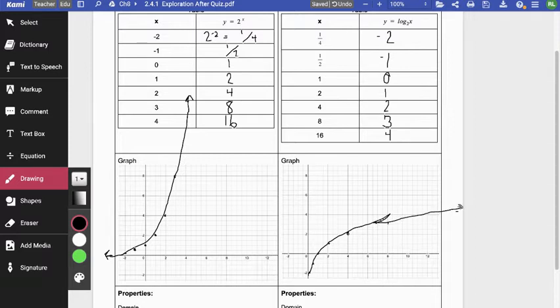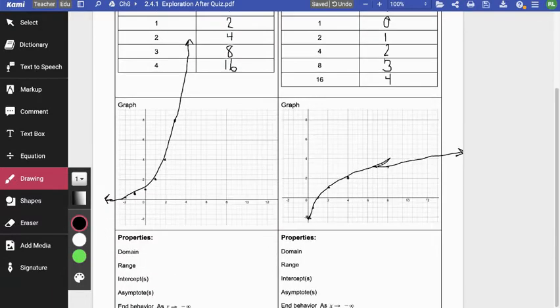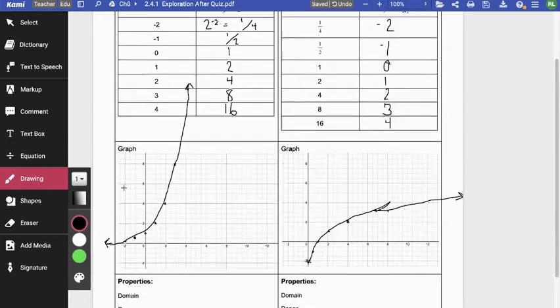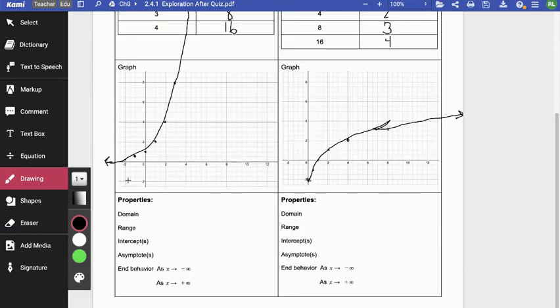There we go. As we sketch out this graph, what do you notice about these two graphs? Okay, you should notice that they're kind of like a reverse of the other one. They're not exactly a reflection across the x or across the y, but it is what is called an inverse. And what that means is that we're actually switching those x and y values. They have a property where we've swapped our x and y.